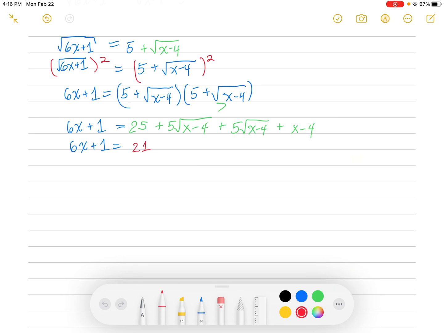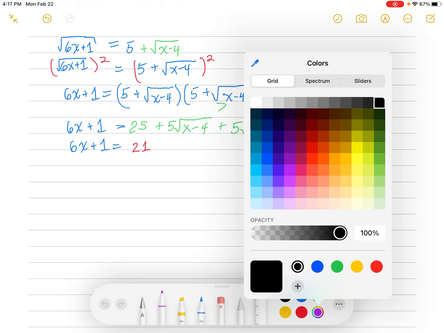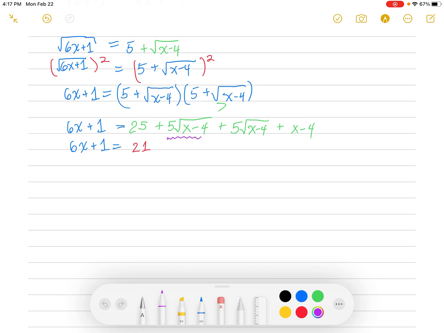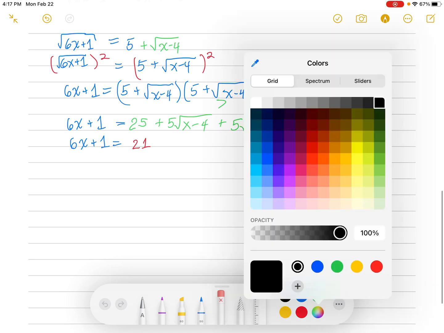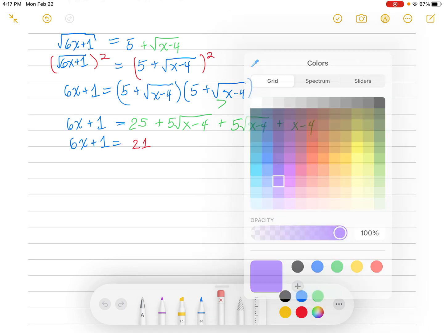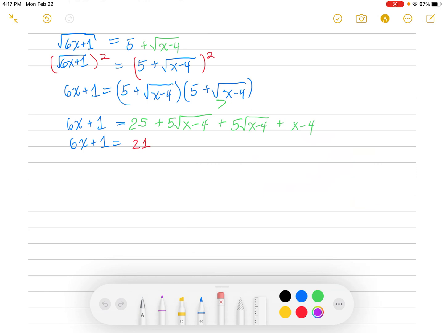Here, the 5 root and 5 root there. That's going to give us 10 radical x minus 4, when you combine those two roots together. And don't forget we have an x there as well, right? We have an x right here.